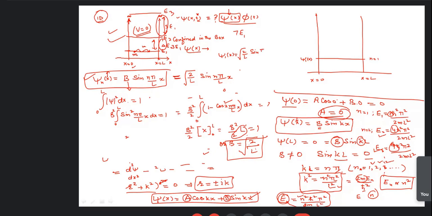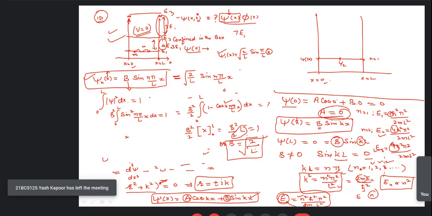We have fixed n and it varies with x. For different x values, you can see what the wave function psi1 is. This value of x is L by 2, the middle of this box. Here x is 0 and here x is L.